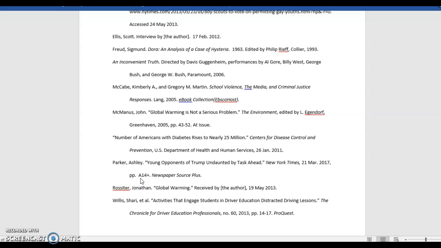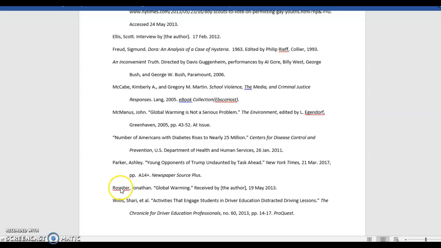Now on the test, it said A14 and a second page number, but it wasn't sequential. It didn't go to A15. So if you know that the page numbers are not sequential, but there are multiple pages, put this plus sign afterwards, A14 plus. That means it began on that page, and then it went on into hyperspace. Then the name of the database, Newspaper Source Plus. Again, I don't want the URL for a database because, frankly, I can't use it.